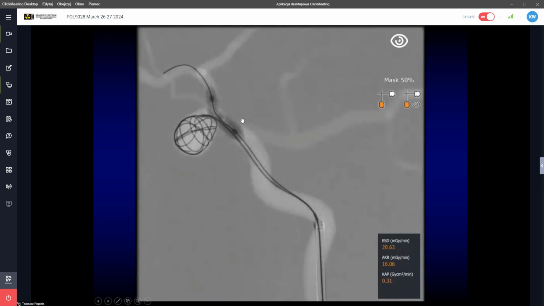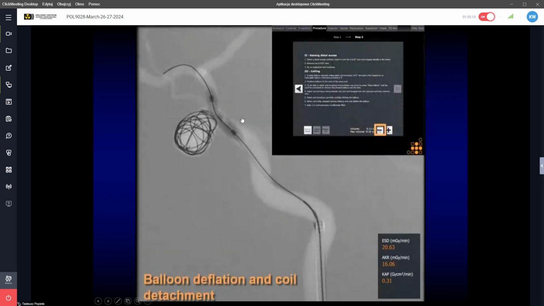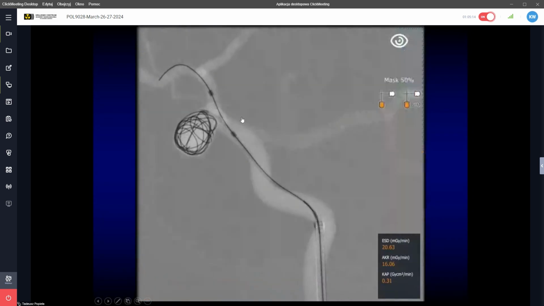We must remember that by this inflated balloon, we stop the blood flow to the brain. So we don't have much time, because it's a maximum of about 6-7 minutes that we can keep the balloon inflated. So from time to time, we must deflate it. We are doing this to allow blood to flow to the brain.